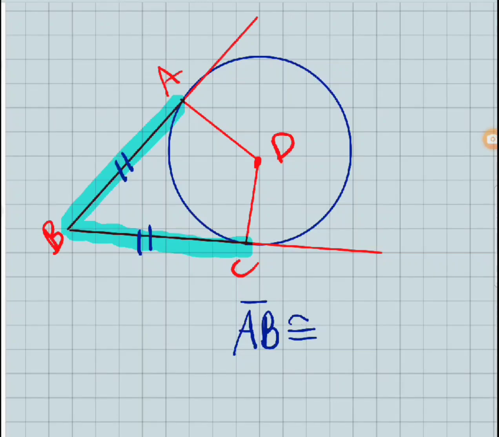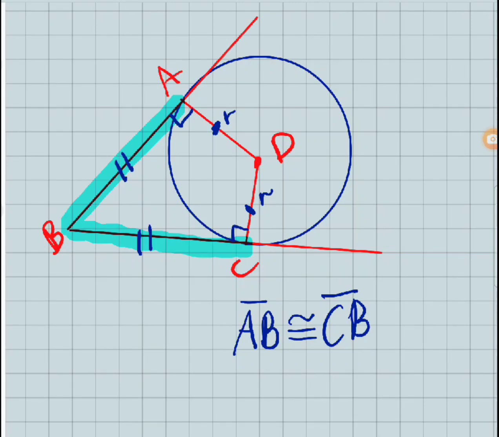Now, AD and DC represents the radius of the circle. So those two are congruent. Therefore, the radius will always meet the tangent segment or tangent line at right angles. In this case, we're dealing with tangent segments.